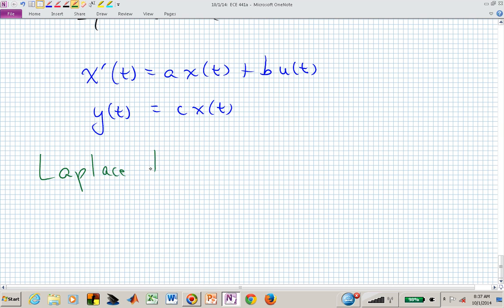Again, we're just trying to see what we can understand from this simple case, and then we will expand that to the higher dimensional case. If we Laplace transform the differential equation, what happens when you Laplace transform a derivative?